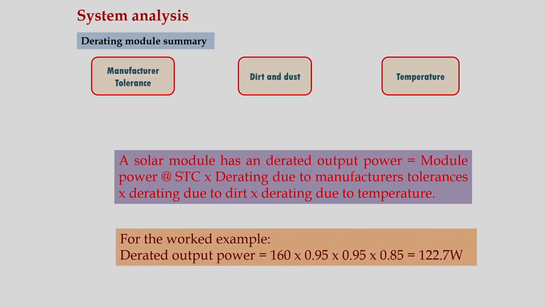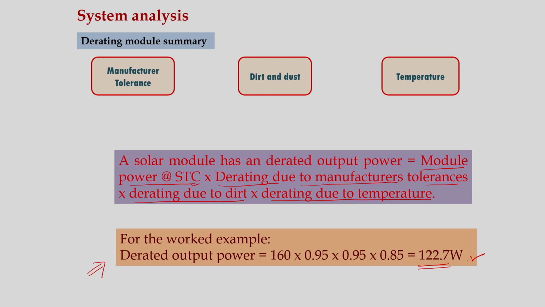So, now if we compare all the 3 derating factors, then what we have done: solar module under standard test condition, then derating due to manufacturer's tolerance, then derating due to dirt, and then derating due to temperature. If we substitute all those values, we will have the derated power output of 122.71.